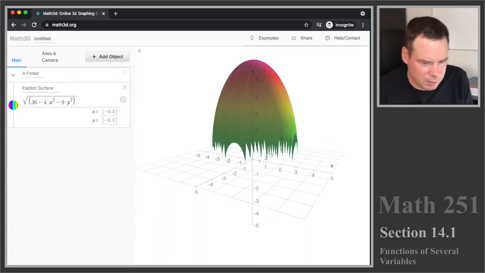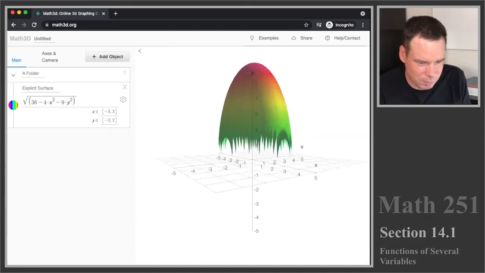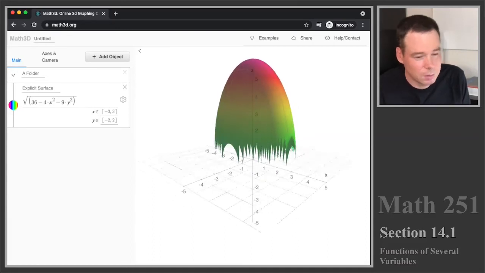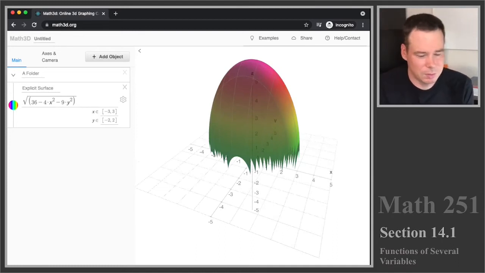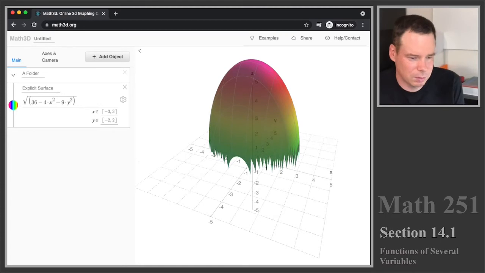And here it's having a tough time around the boundary, when the x and y values are out at their extreme, sort of on this elliptical portion, because those are going to make this thing under the square root really small. And so it's not getting enough of those points to plot them and get a full picture. So this is just something to be aware of with graphing utilities. Sometimes they give you a good picture, sometimes it's an incomplete picture and it's got some artifacts in it.